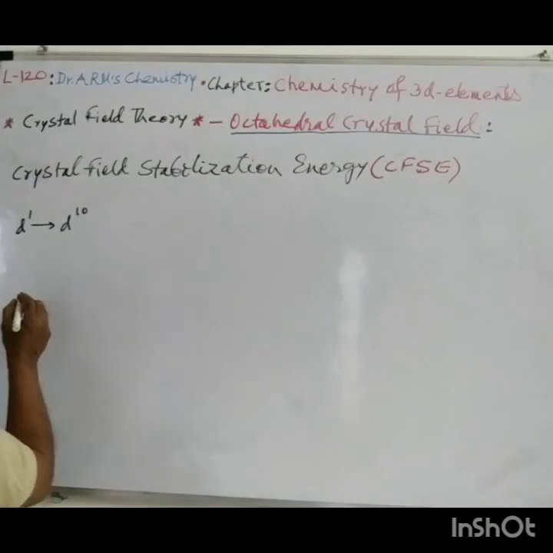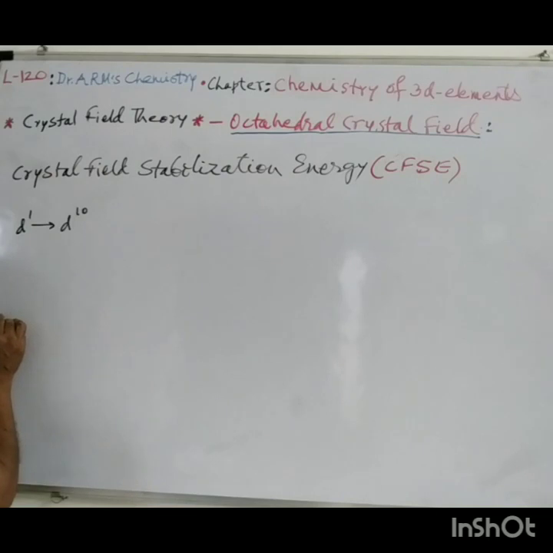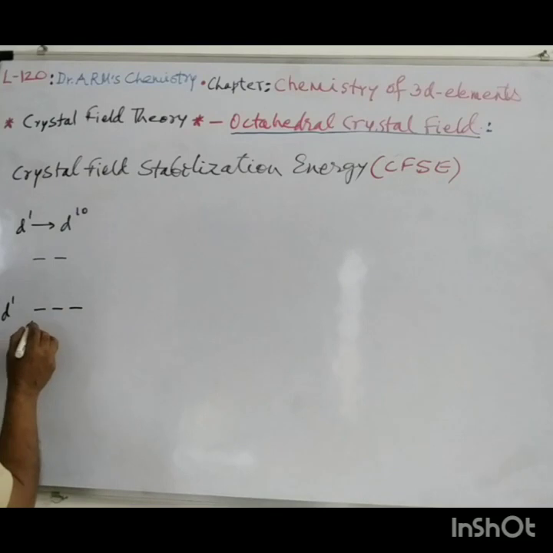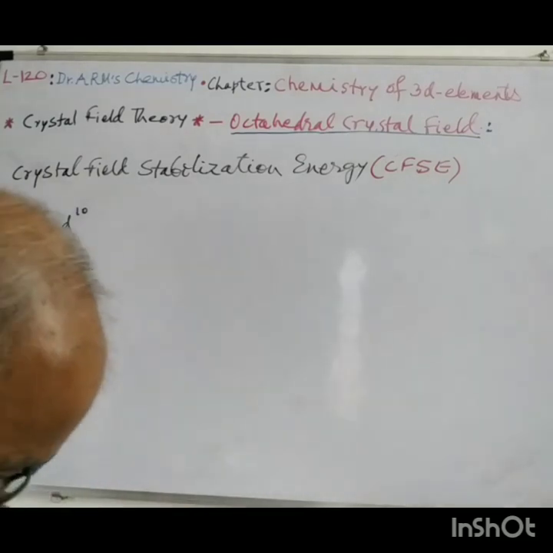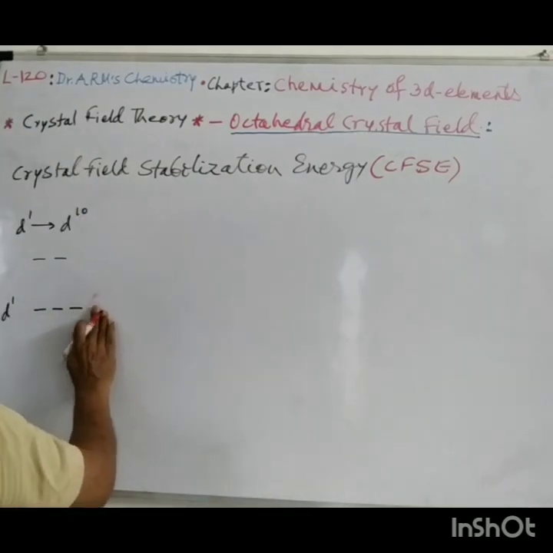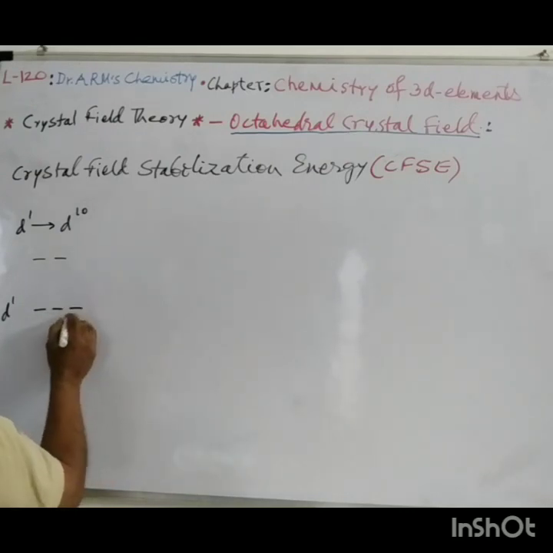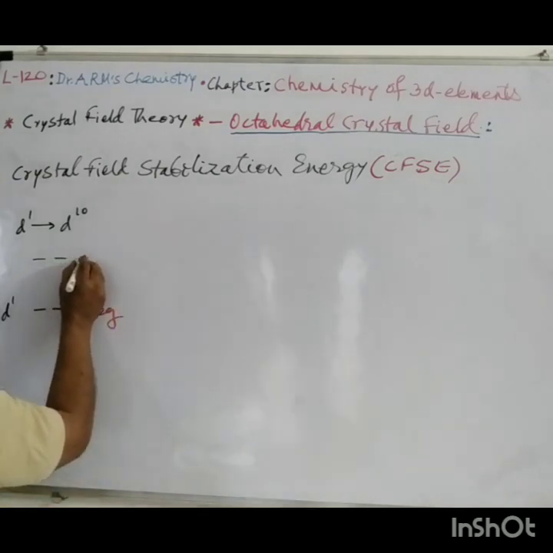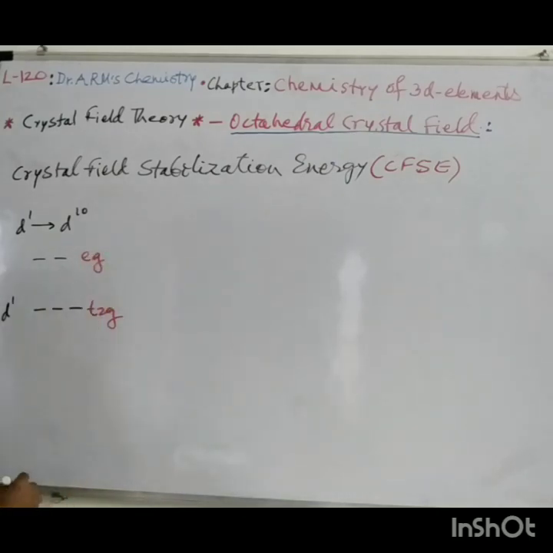So if we see the example of the d1 configuration, the crystal field is like this. In an octahedral complex, these three degenerate orbitals are labeled as t2g, and these two degenerate orbitals are known as eg orbitals.